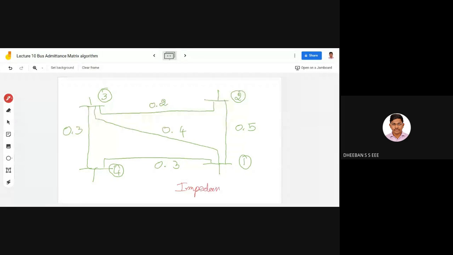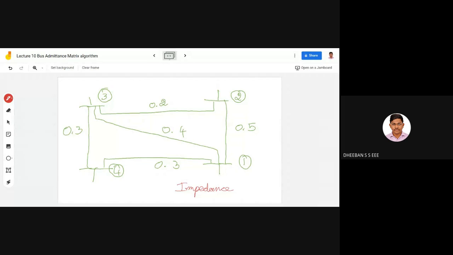As per the algorithm, first get the data from the power system network. The data is given in the form of a single line diagram, and now you have to check whether the given data is in admittance form or impedance form. The given data is in the form of impedance.